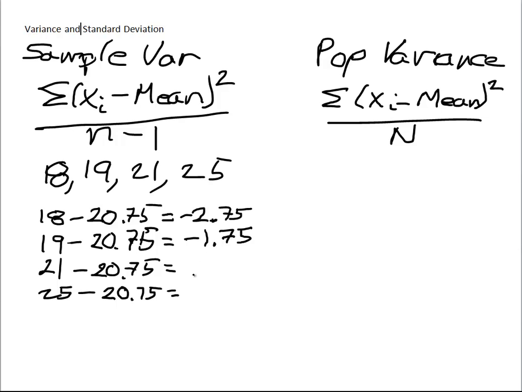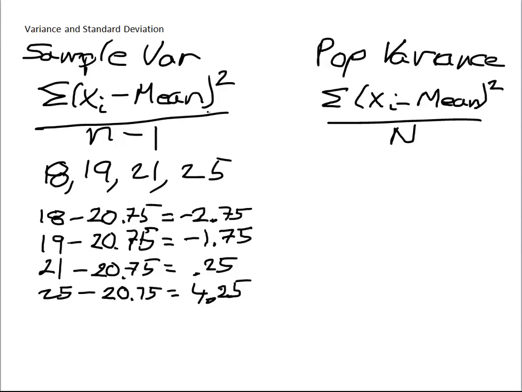And then 21 is 0.25, a little over the mean, and then we have 4.25. So the 25-year-old is a little over 4 years older than the mean. So now we just did x minus the mean up here.